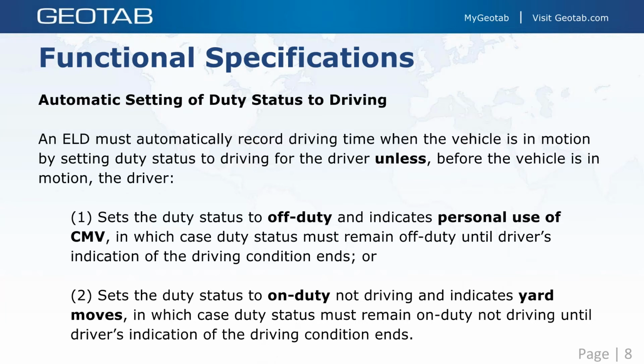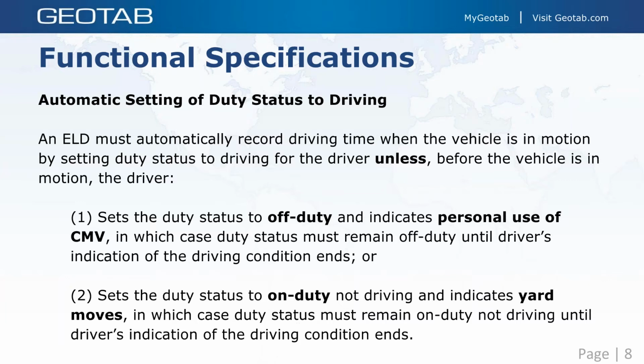If a driver indicates off-duty status and then indicates personal use of the CMV, so this is personal conveyance, the duty status must remain off-duty even though the vehicle is in motion until the driver indicates that the driving condition has ended. With yard moves, the driver would hit the on-duty button and specify that they're doing a yard move.